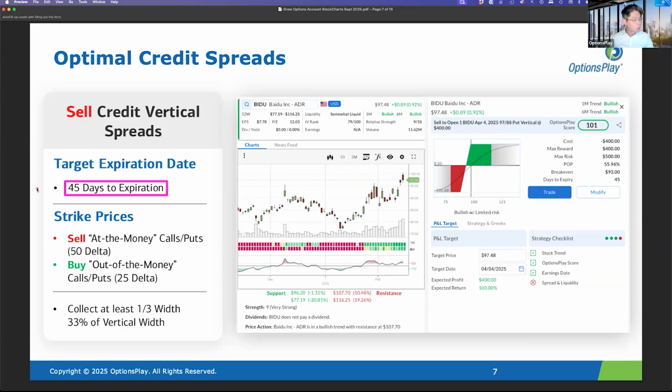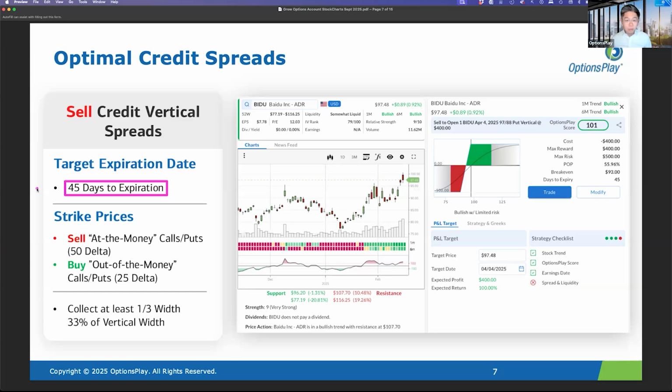So the general rule of thumb, and this is based on thousands and thousands of back tests that we have run on these types of strategies, testing out various expiration dates, various strike prices, combinations of strike prices to see how you get the best results from these types of strategies. And this is a result of all of that back testing.